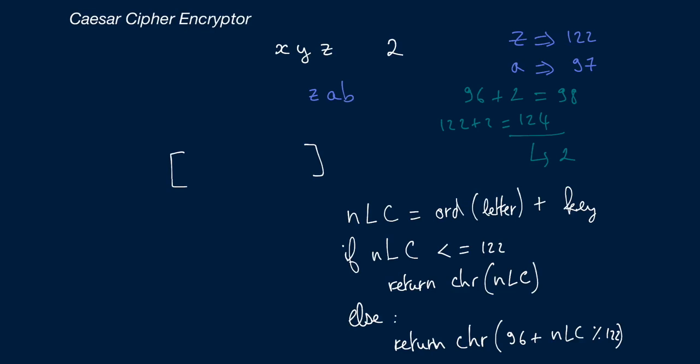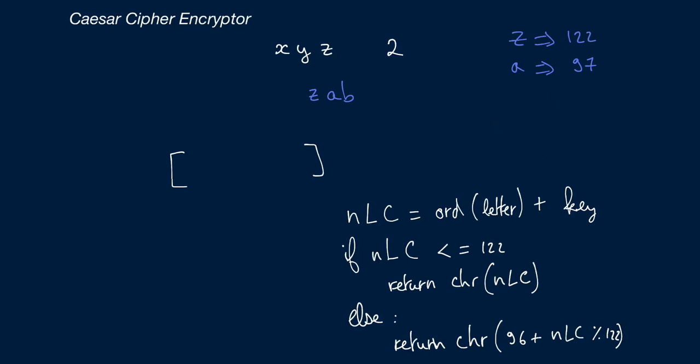Now, before we dive into a different way of solving this, we have to talk about a slight edge case, which your interviewer might bring up if you don't catch it yourself. And that's what happens if the key is a big number.